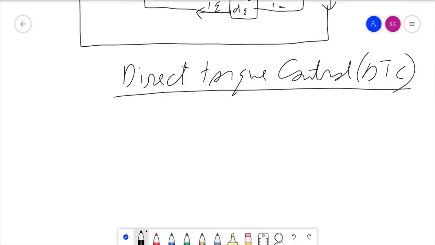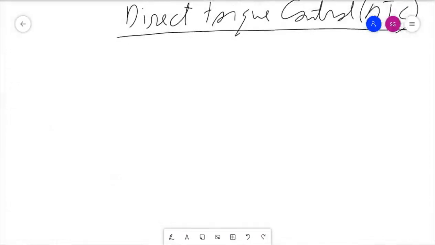What we do, so we directly take a torque reference, which is generated from the speed controller. You have already done it many times.